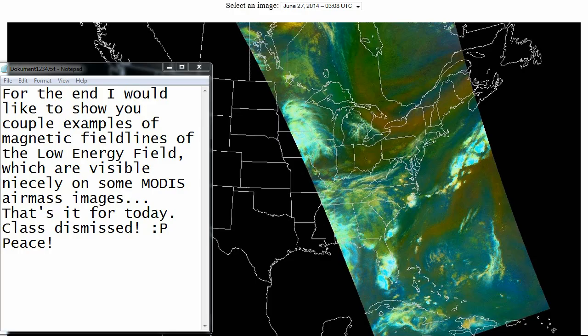For the end, I would like to show you a couple of examples of magnetic field lines of the low energy field, which are visible nicely on some MODIS AIRMAS images. That's it for today. Class dismissed. Peace.